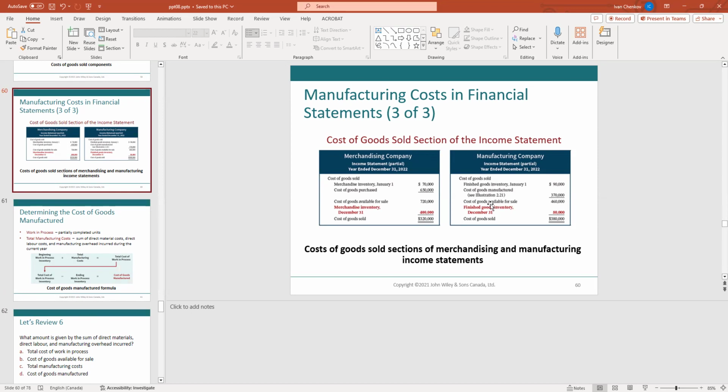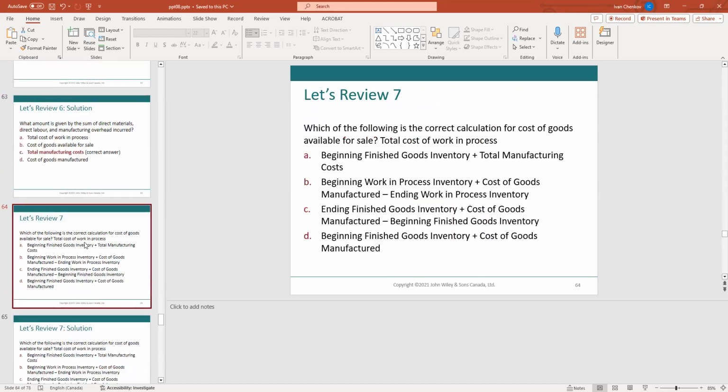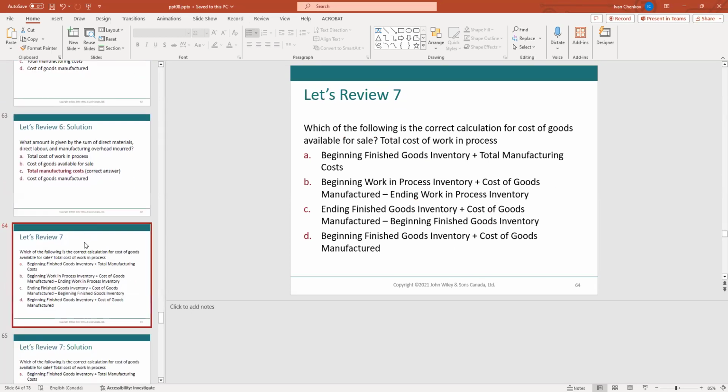It depends on which company we are, correct? Let's chase here and see where we are. Which one of the following is the correct calculation for the cost of goods available for sale? The second one, B. The last one.